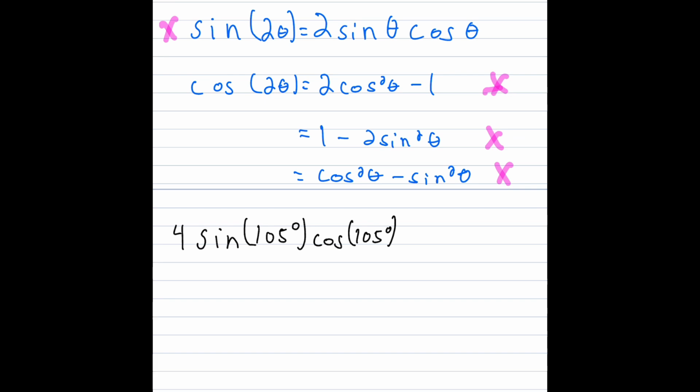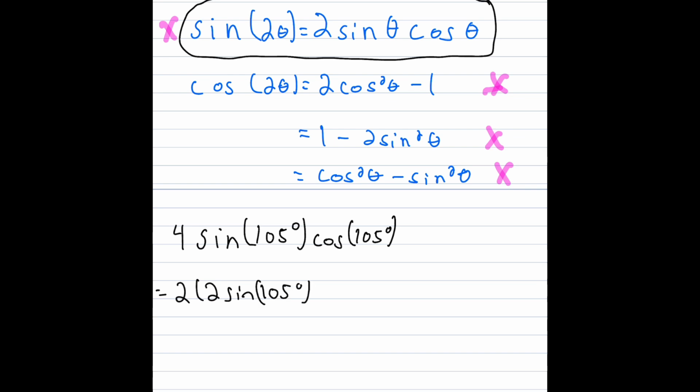Yeah, and it does look like the sine of 2 theta, okay? Except the sine of 2 theta only has a 2 in front of the sine and the cosine. Here I have a 4, not a 2. But here's what I can do. I can rewrite this 4 sine 105 cosine 105 as 2 times 2 sine 105 times the cosine of 105.